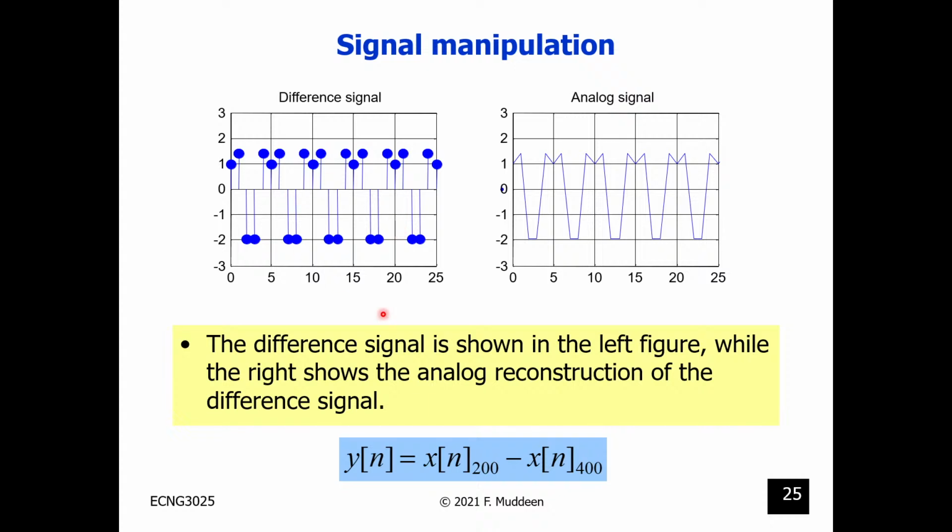So if we take x of 0 at the 200 Hz frequency and x of 0 at the 400 Hz frequency, we subtract those two magnitudes and get the resultant magnitude, and then we go on to x of 1 and x of 2 and so forth, and we keep on subtracting them accordingly for each magnitude at each n index. And as such, we get our difference signal here being just a difference of the magnitudes for each instance of n.